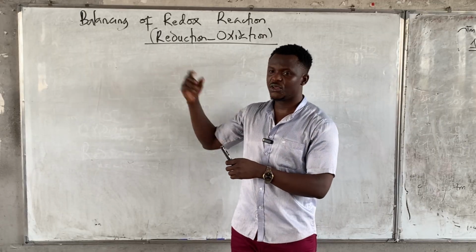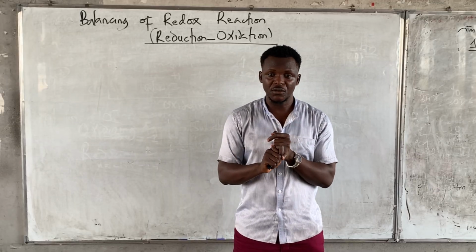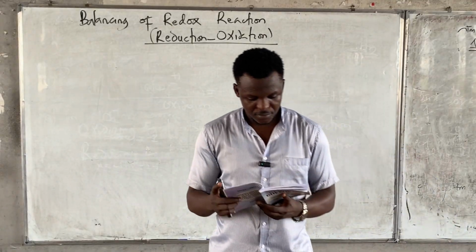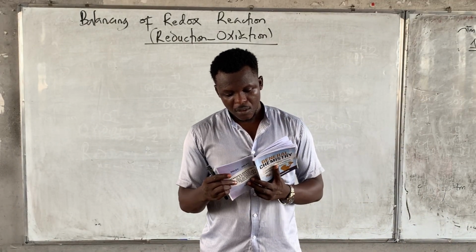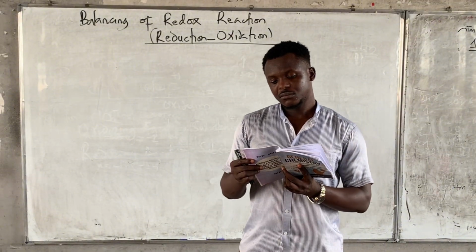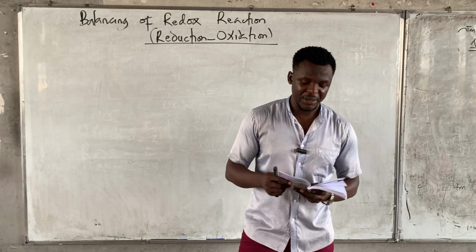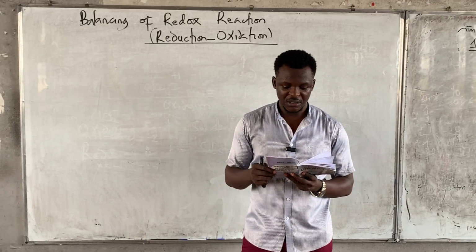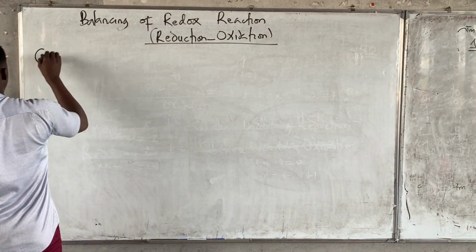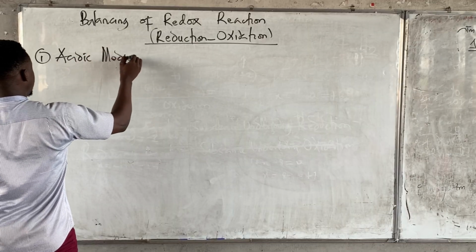However, the medium is always different. They can either tell you to balance that in an acid medium or in a what? Basic medium. Please put down: redox reaction can take place in either of the two mediums listed below. Number 1, acidic medium.